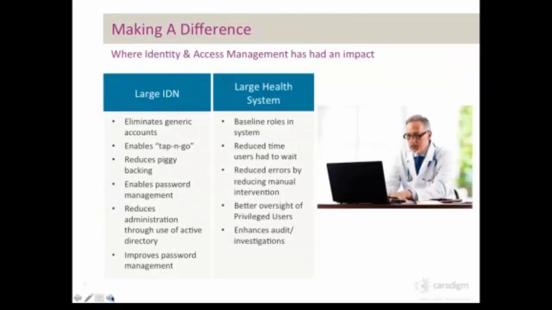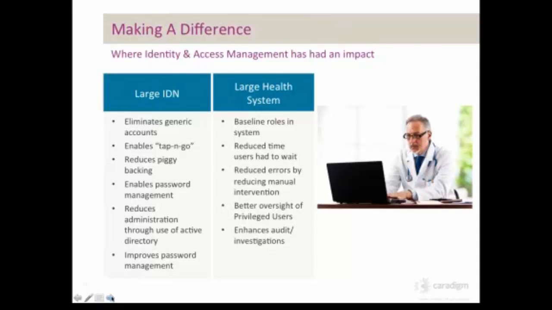So what I'd like to do now is kind of take a step back and look at a couple of examples. And these are examples from folks that we've worked with who have implemented one or more aspects of identity and access management. And one of the things that we did was we talked to them about what were the benefits of doing this.